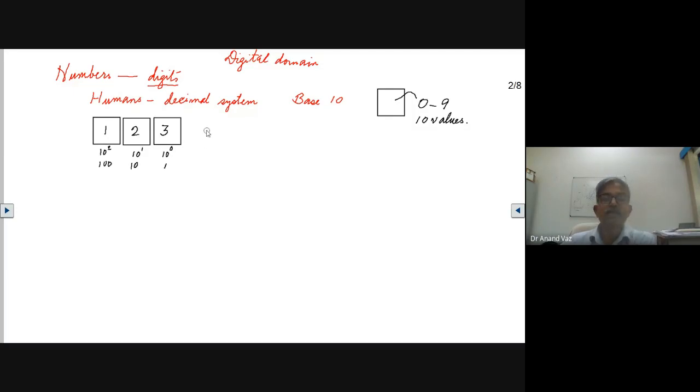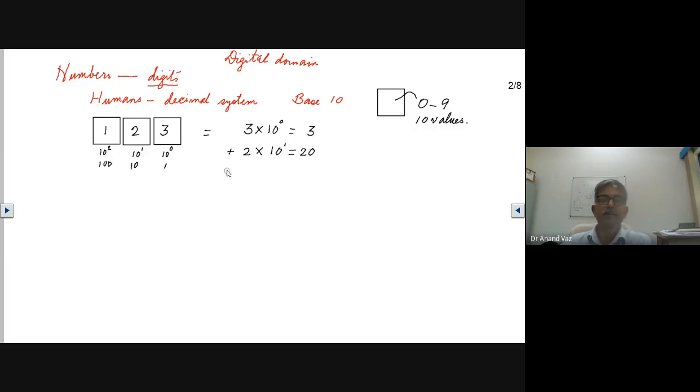So we can write this number as 3 into 10 raised to 0, that will be equal to 3 itself, plus we'll take 2 which is over here, multiplied by 10 raised to 1, which is its weight corresponding to this digit, and that is 20.